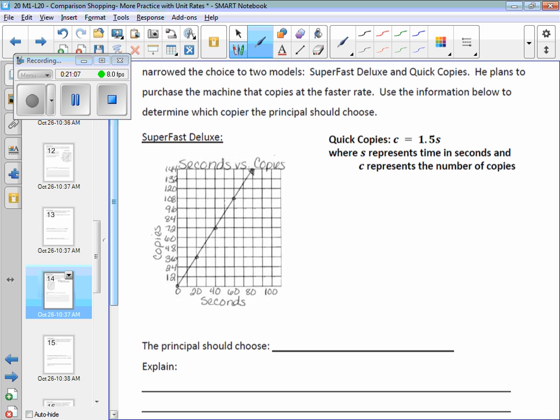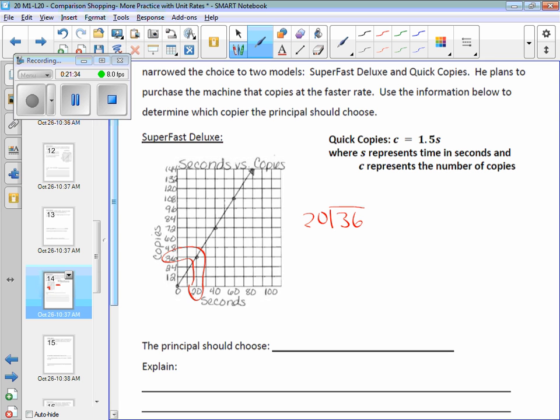Oh, what? 12 into what? No. 20 into 36. Yeah. Where did the 12 thing come into? Okay. Yes. See, we have an even match. Our first dot meets up at 20 seconds, 36 copies. So I'm going to use that to find my unit rate.